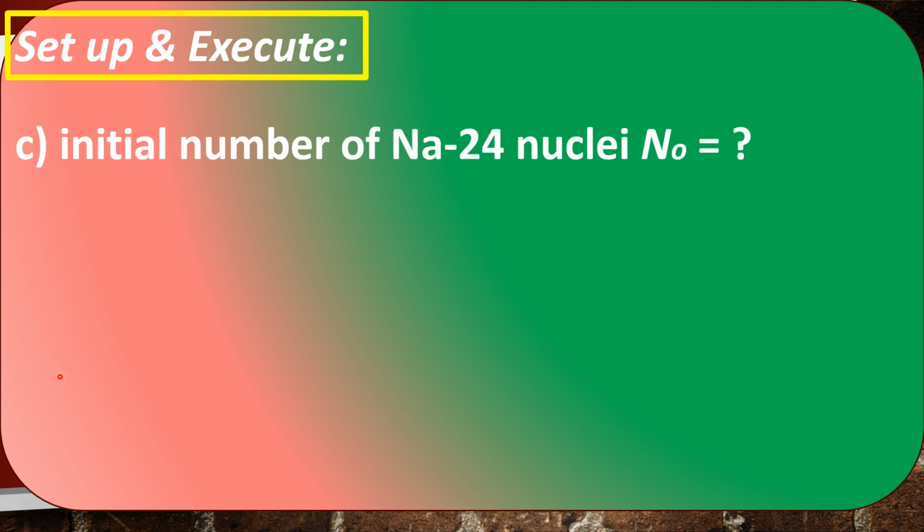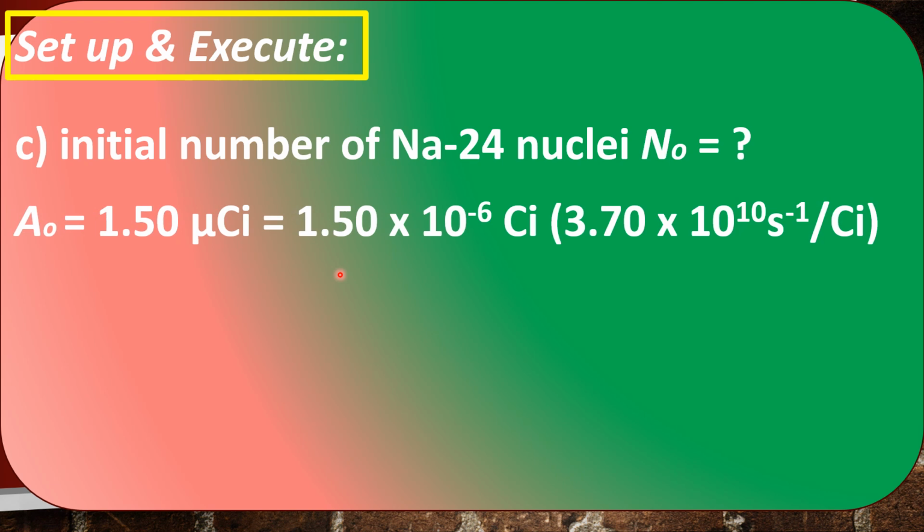Moving on to the next target variable, the initial number of the sodium-24 nuclei denoted by N0. We need to convert the initial activity A0 of 1.50 microcurie to becquerel. So, we just multiply 1.50 times 10 to the negative 6 curie.